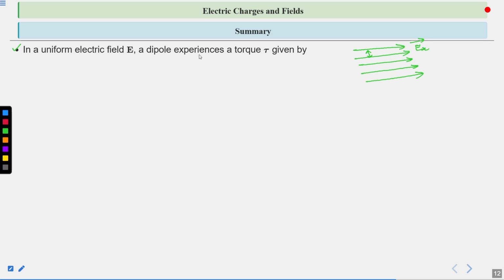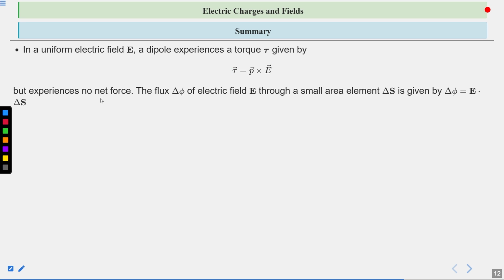Now when a dipole is placed in a uniform electric field, the dipole charges feel a torque, that is tau equal to P cross E, but it experiences no net force.